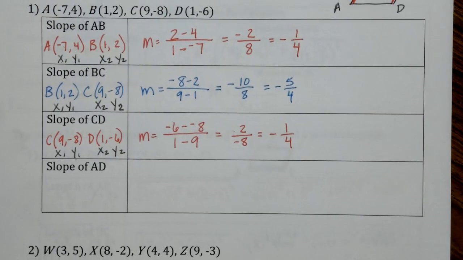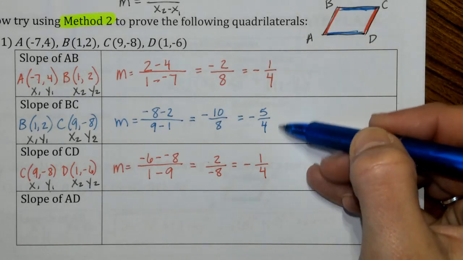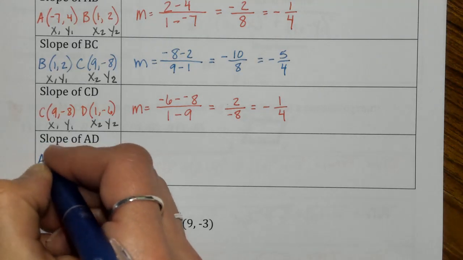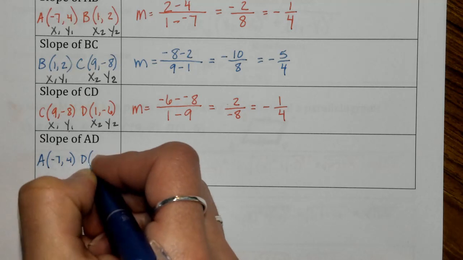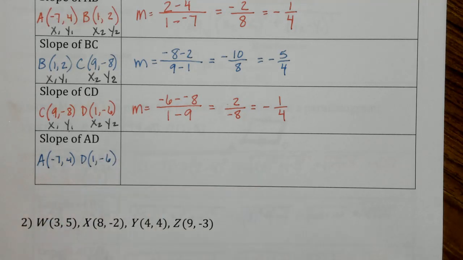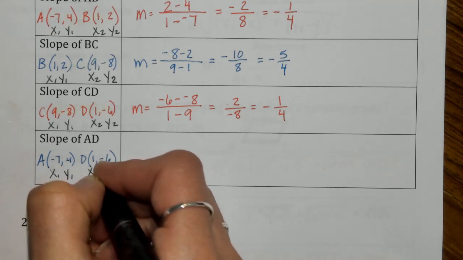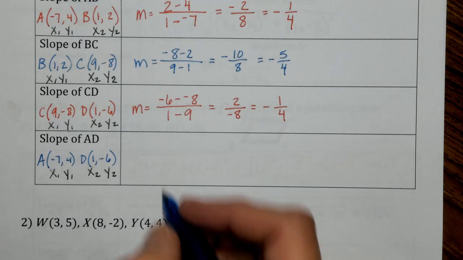We need to make sure we continue on, and let's check with segment AD and see if it comes out to that negative 5/4. So here, looking at point A at negative 7, 4, and point D at 1, negative 6, over X1, Y1, X2, Y2. So let's plug in.